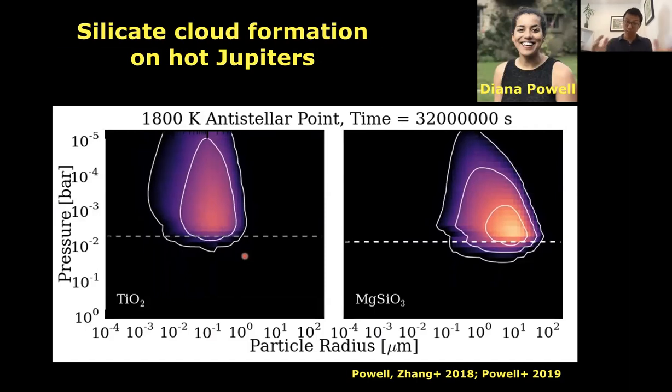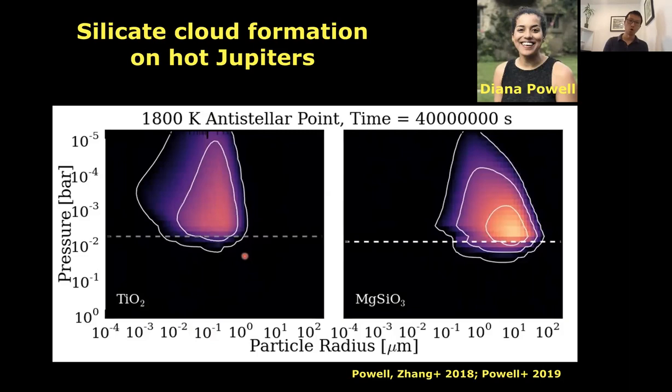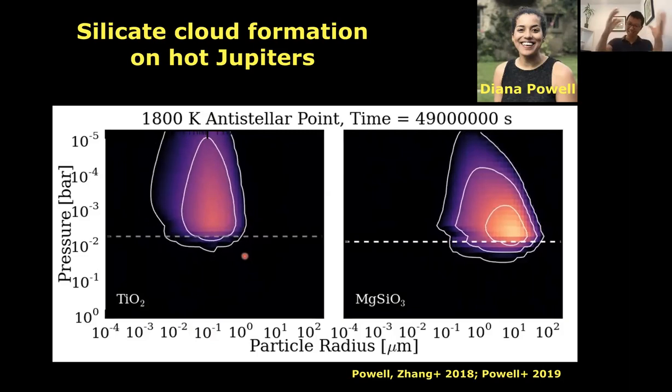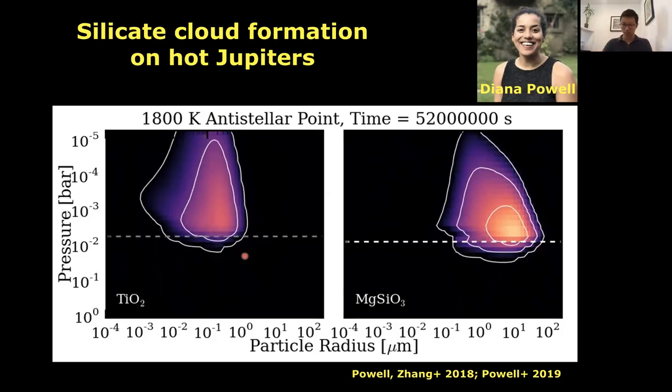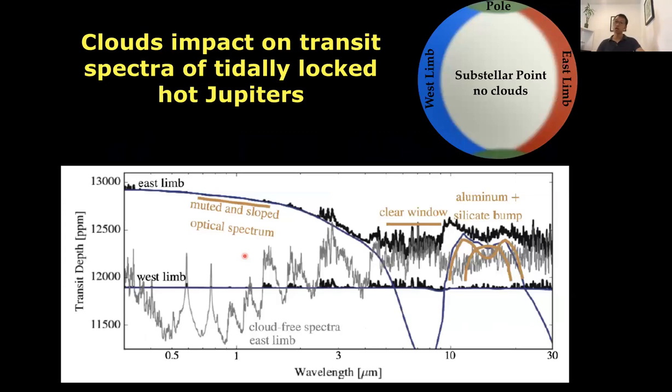She built this silicate cloud formation model for hot Jupiters, trying to use titanium oxides as a seed to condense silicate vapor on. And what she found out is clouds have a very strong impact on the transit spectra. This is very important for exoplanet observations in the future, especially in the JWST period.